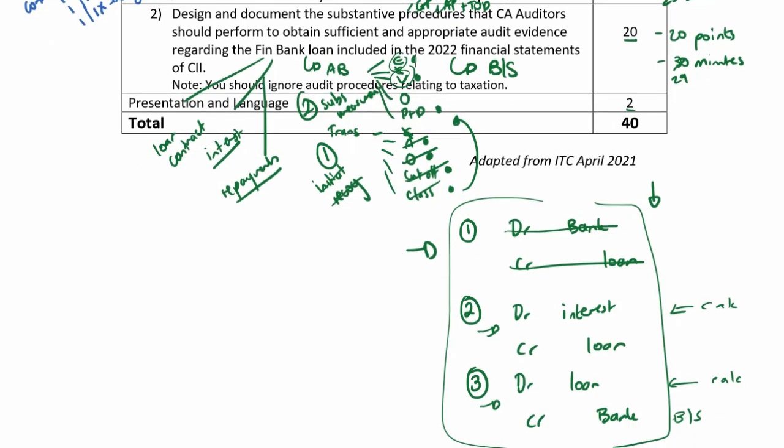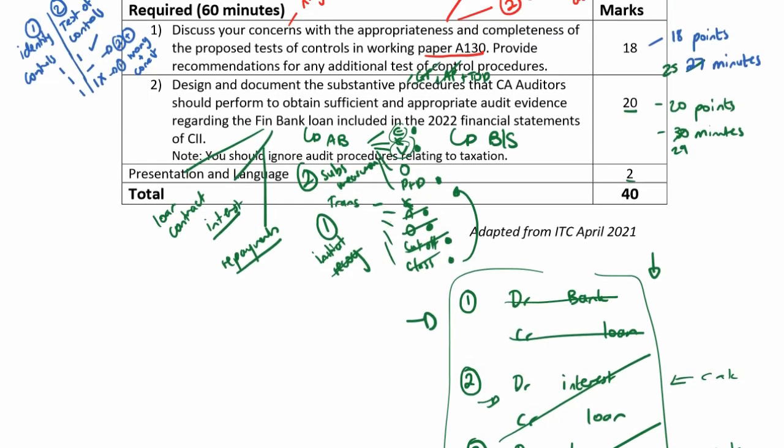So I can come back here and I've tested this, I've tested this. I now need to consider that valuation is correct. Go and test existence and presentation and disclosure.